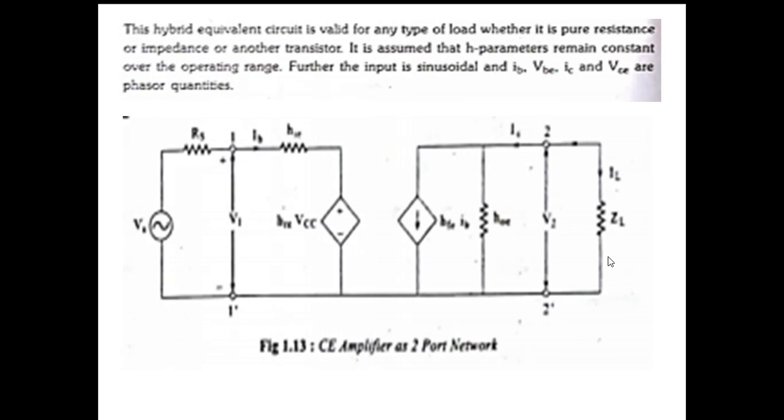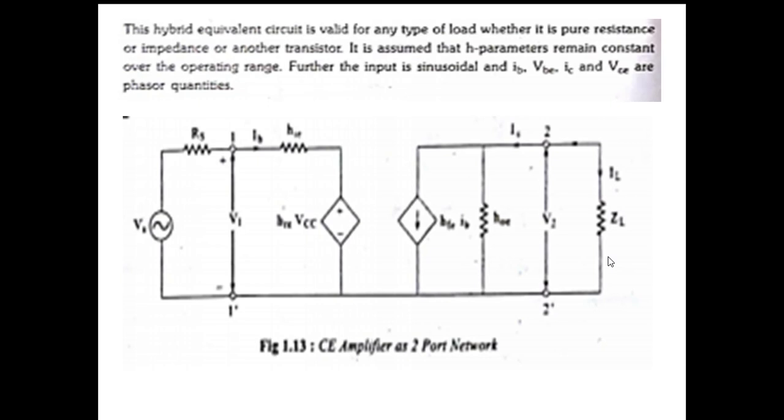This hybrid equivalent circuit is valid for any type of load, whether it is pure resistance or impedance or another transistor. It is assumed that H parameters remain constant over the operating range. This is very important.